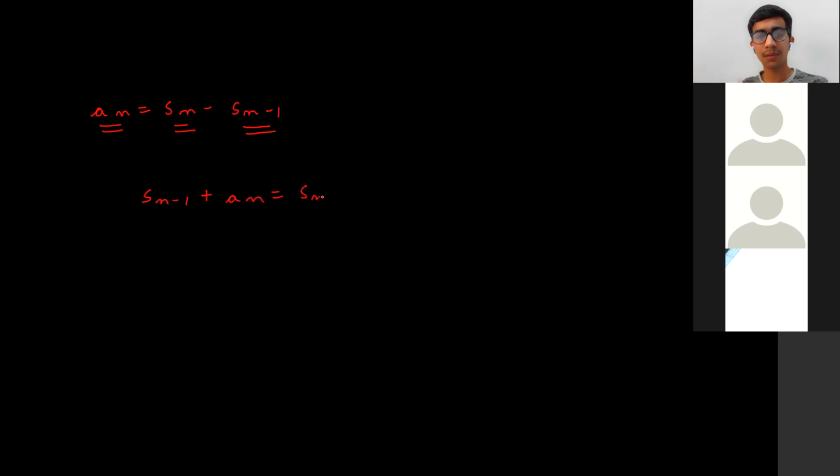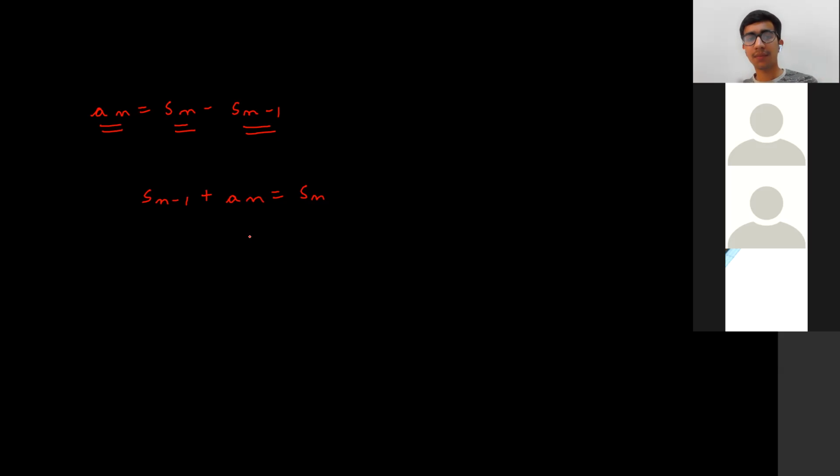Well, there is one more formula. a_n is equal to Sn minus S(n minus 1). What I'm saying is the nth term is equal to the sum to n terms minus the sum to n minus 1 terms. I'll explain how this formula comes. Can I say the sum to n minus 1 terms plus a_n is equal to the sum to n terms?